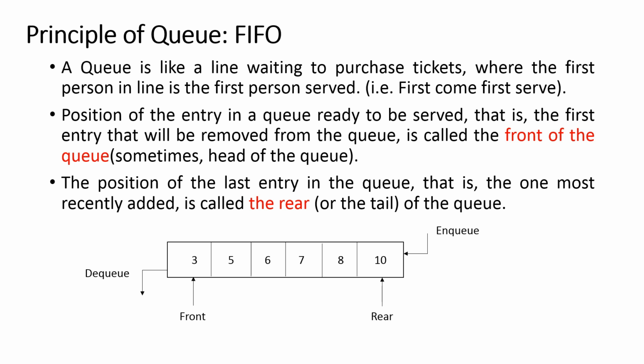So this is a queue. DQ is deletion of an element and NQ is a term for insertion of an element. Two main points are here, front and rear. That is, front points to the first element and rear points to the last element.